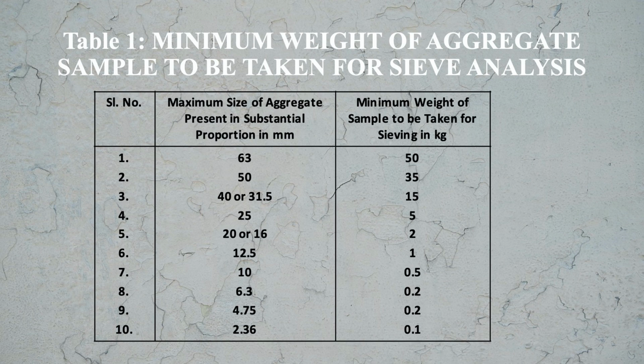For example, if the maximum size of the aggregate present in substantial proportion is 63 mm, then the minimum weight of the sample to be taken for sieving is 50 kg. Similarly, for 12.5 mm, the weight is 1 kg. So for different sizes of aggregate substantially present in the sample, different minimum weights are defined in the code.